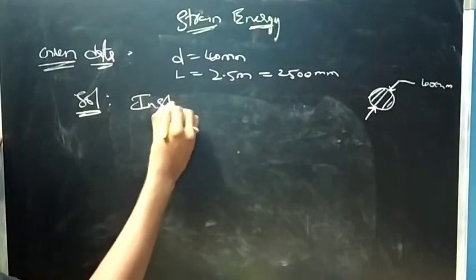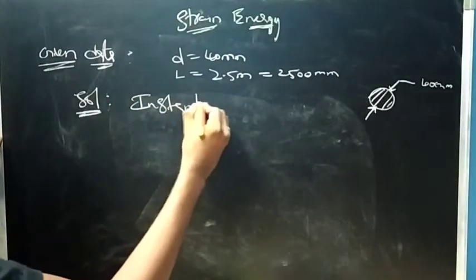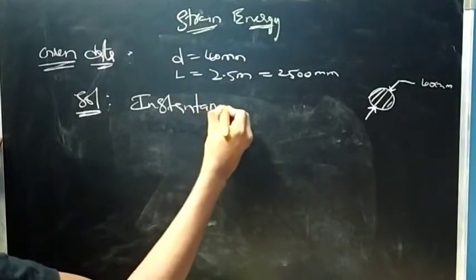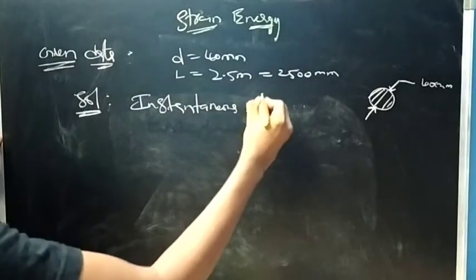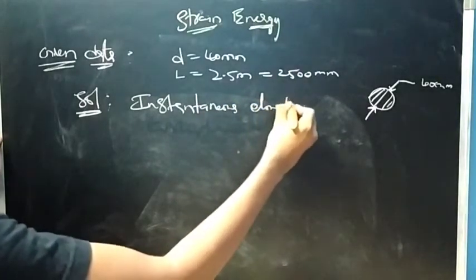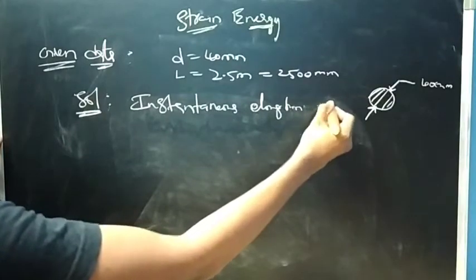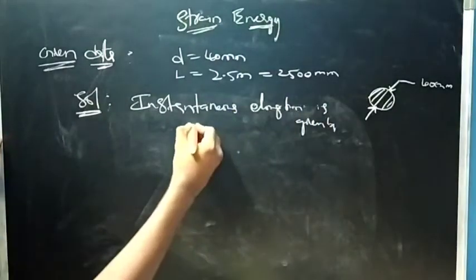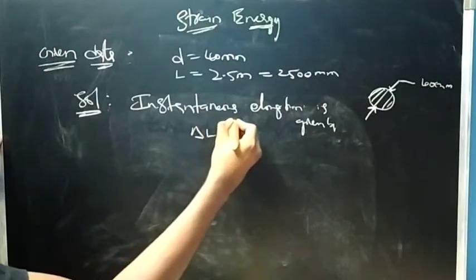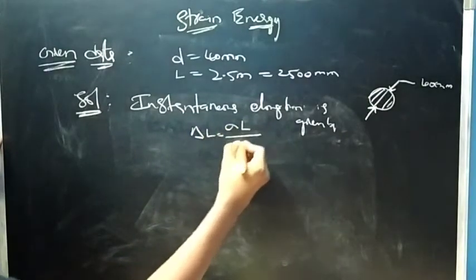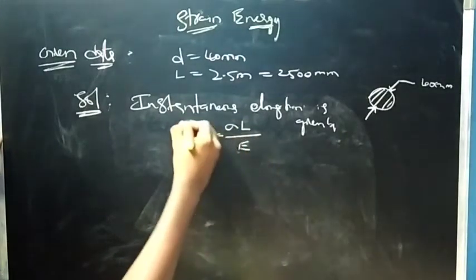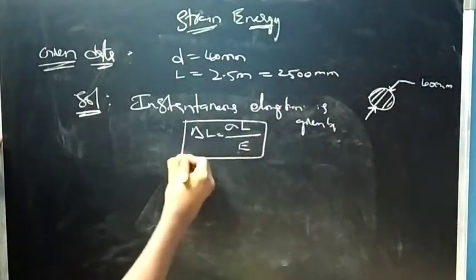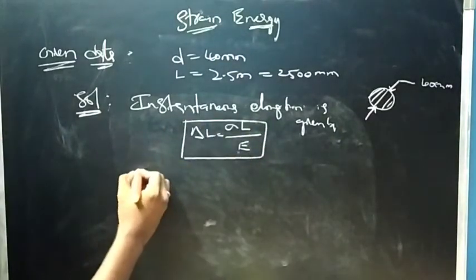So instantaneous elongation is given by delta L equals sigma multiplied by length upon Young's modulus. Put the values here.